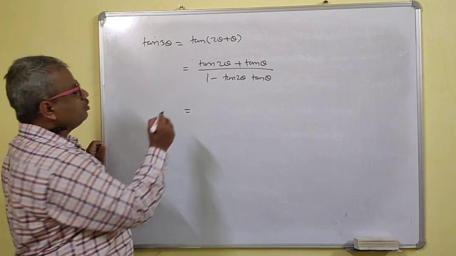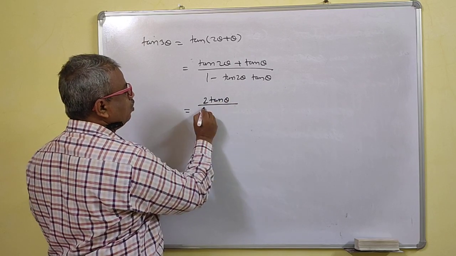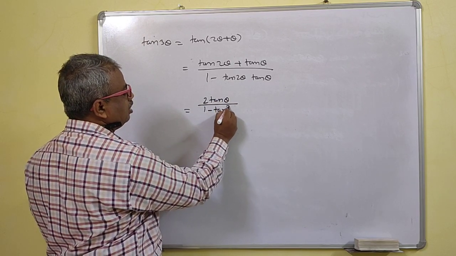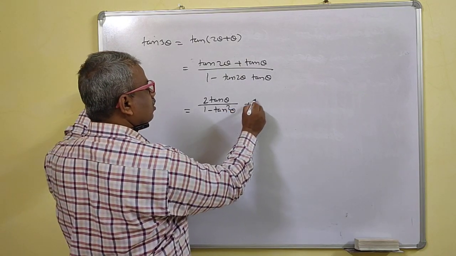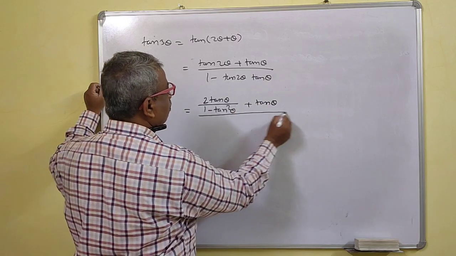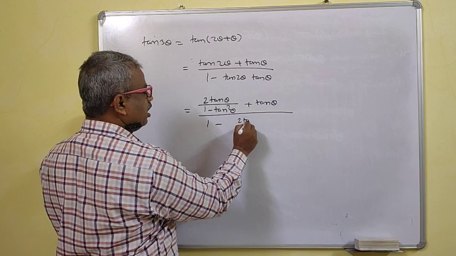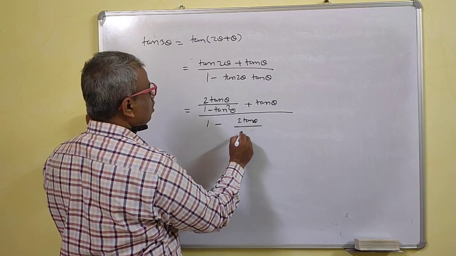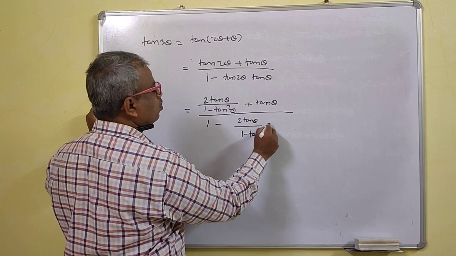Tan 2θ is 2 tan θ upon 1 minus tan²θ, plus tan θ, upon 1 minus 2 tan θ upon 1 minus tan²θ into tan θ.